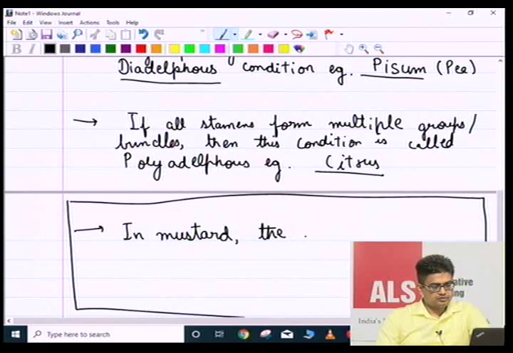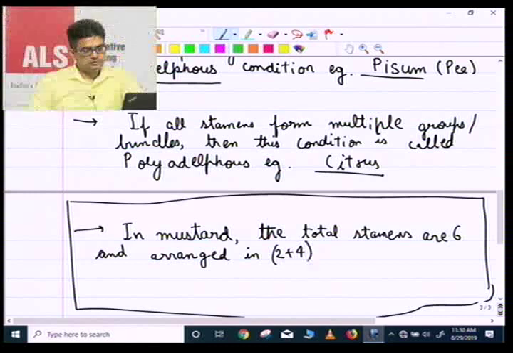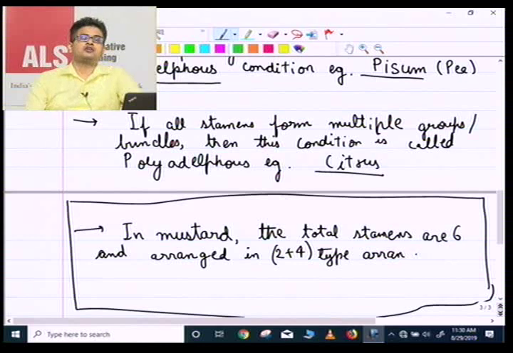The total stamens are 6 and arranged in a two plus 4 type arrangement, in which 4 stamens are of different length than the outer 2 stamens.